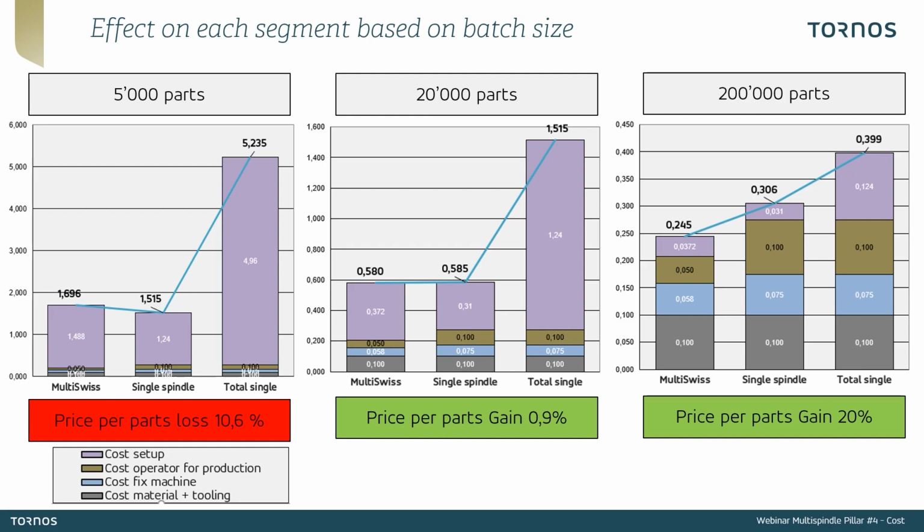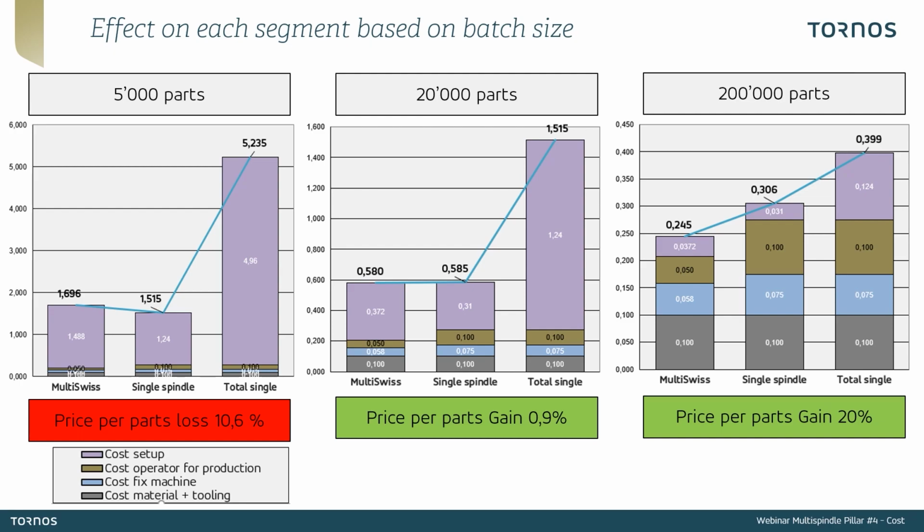So for all companies making very short batches and changing the setup completely, of course, it's always more convenient to go with a single spindle machine, because this has the biggest impact on the price per part. You can see the price per part is 1.7 for the MultiSwiss and 1.5 for the single spindle. At 20,000 parts, we have the break-even point, I would say.